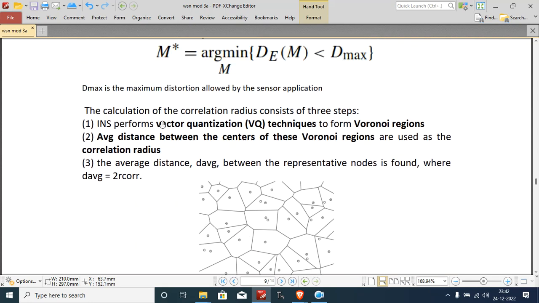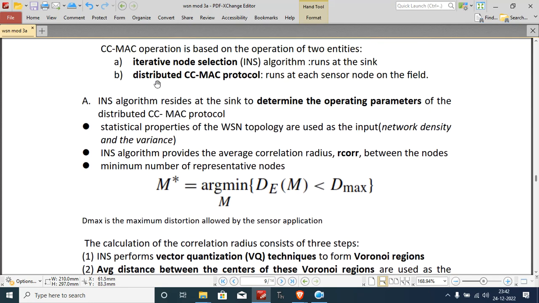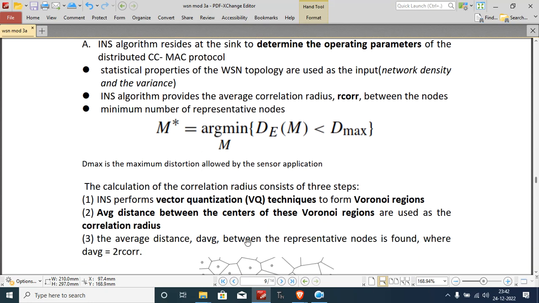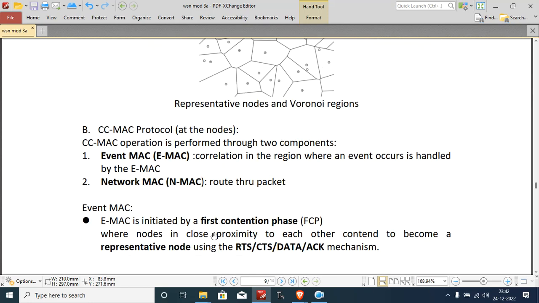So here we just went through the procedures involved in iterative node selection, followed by how exactly this R core is calculated. Then it makes use of the CCMAC protocol at the nodes. CCMAC operation is performed through two components.